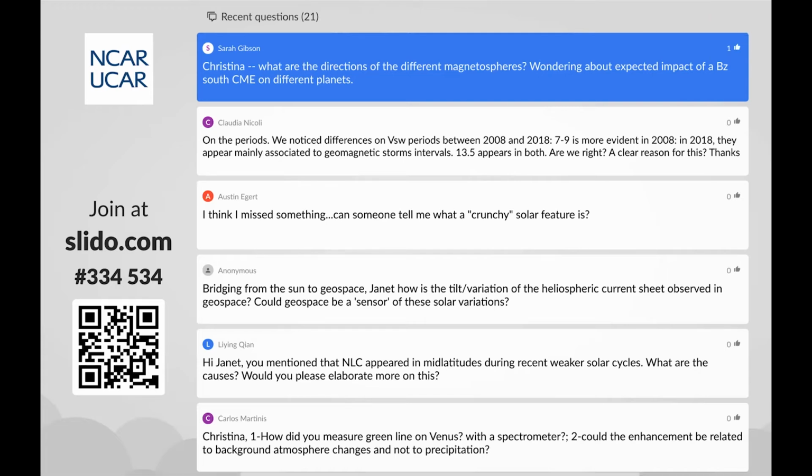Sure. Those of us who remember Jim Dungey's GRL paper appreciate that the Earth situation is really what they call a halfway rectifier as far as southward IMF is concerned. It's like a switch or a clutch where you engage the clutch of the whole magnetospheric convection with the southward IMF that has some reconnection near the subsolar point.